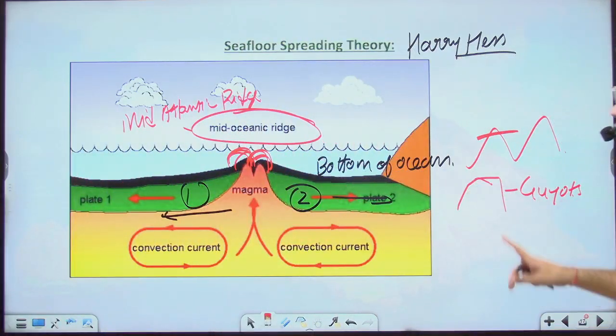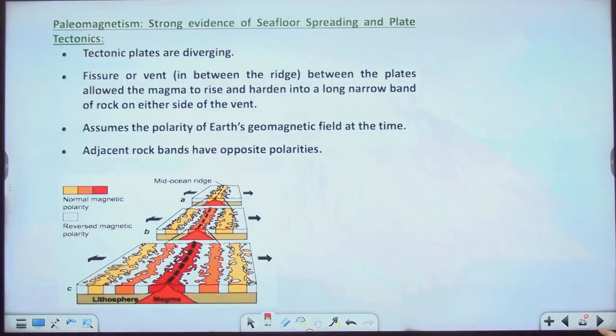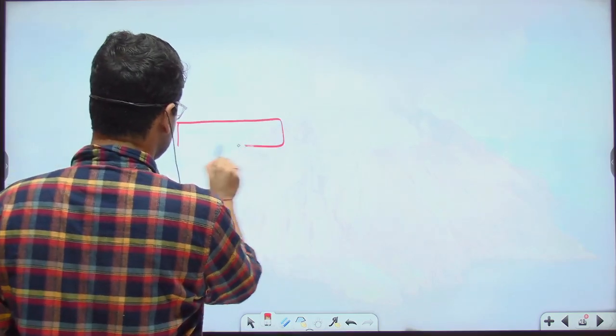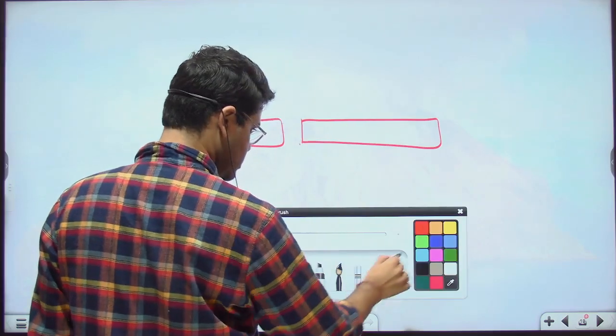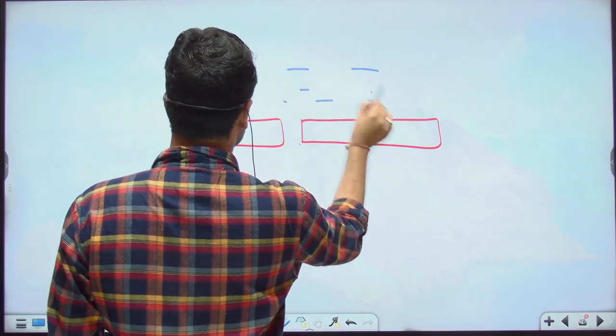So what is the evidence of the seafloor spreading theory? See, this is the evidence. I'll explain here. Now let's say these are two plates. This is the ocean surface, ocean bottom.